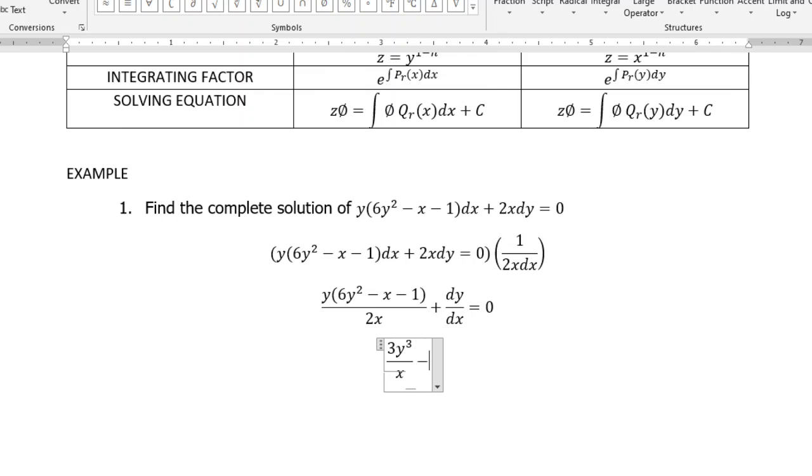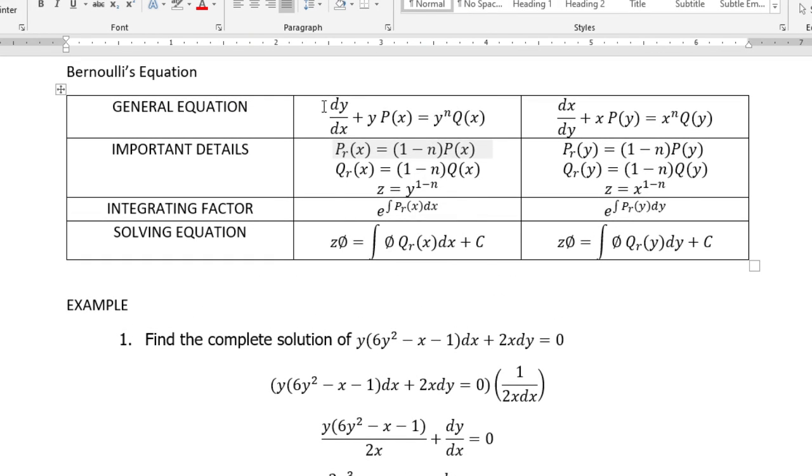And then, second term, y times negative x will be negative xy, pero divide natin by 2x, magiging negative y over 2. And then, matitira is negative y over 2x. So, plus dy over dx equal to 0.